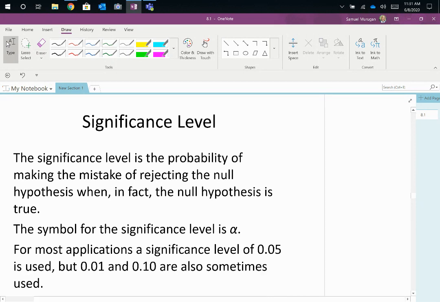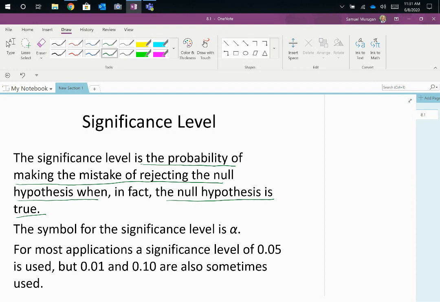The significance level is the probability of making the mistake of rejecting the null hypothesis when in fact the null hypothesis is true. What probability would I have of making a mistake when rejecting the null hypothesis?